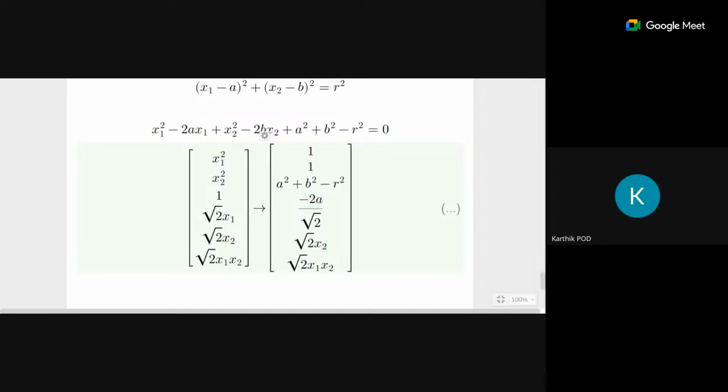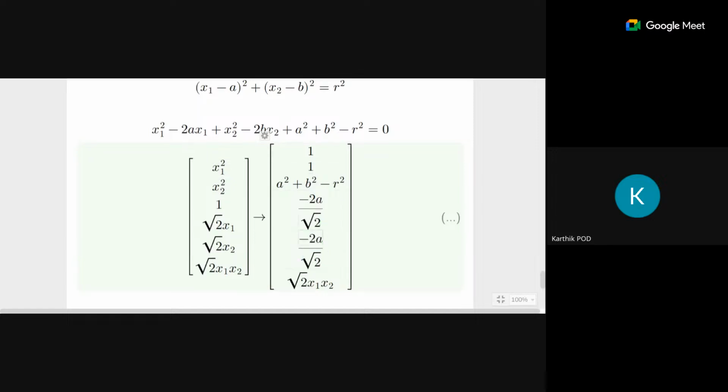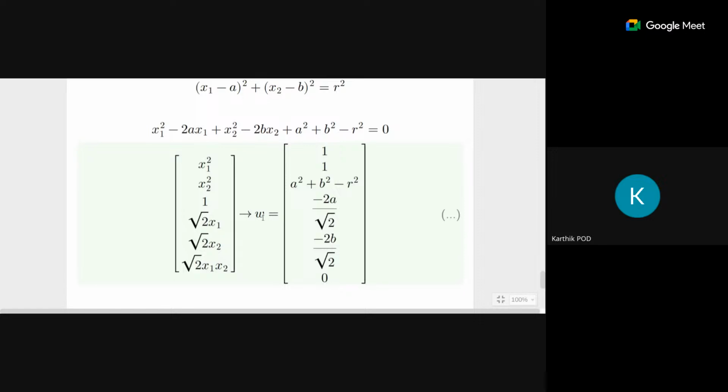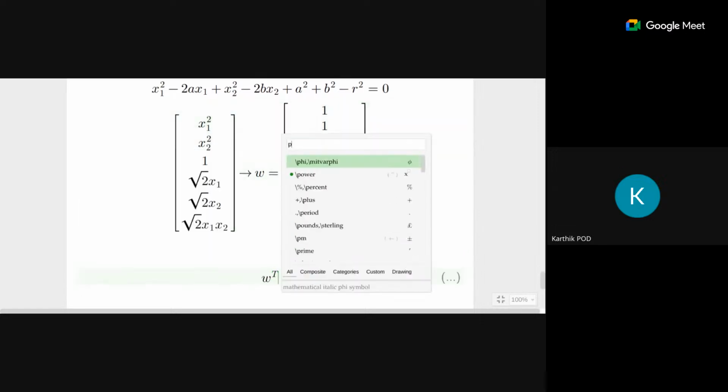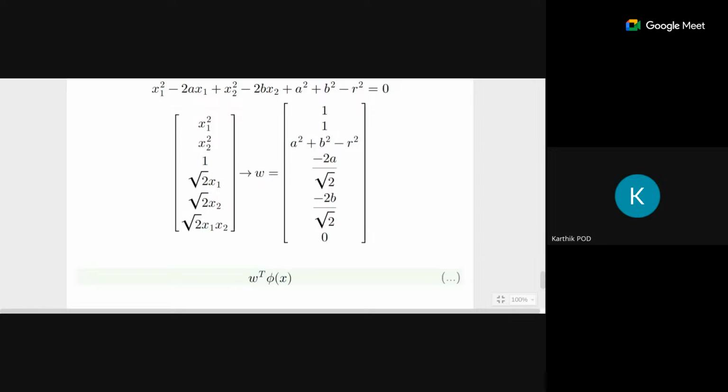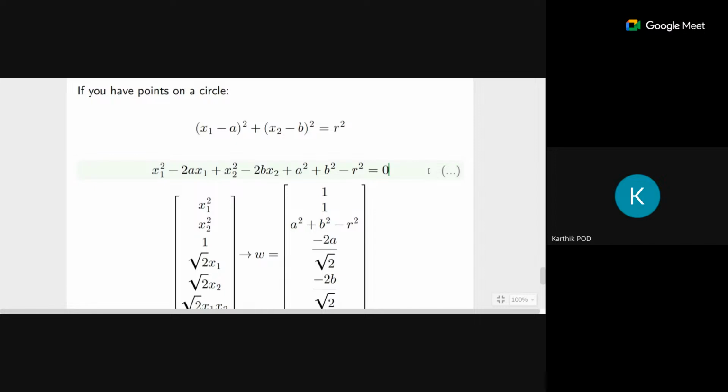Similarly you need minus 2b x2 here, and there is no x1 x2 term, so you can just make this 0. So the w that you want is this. So this w transpose phi of x equals 0 for all the points that lie on the circle.